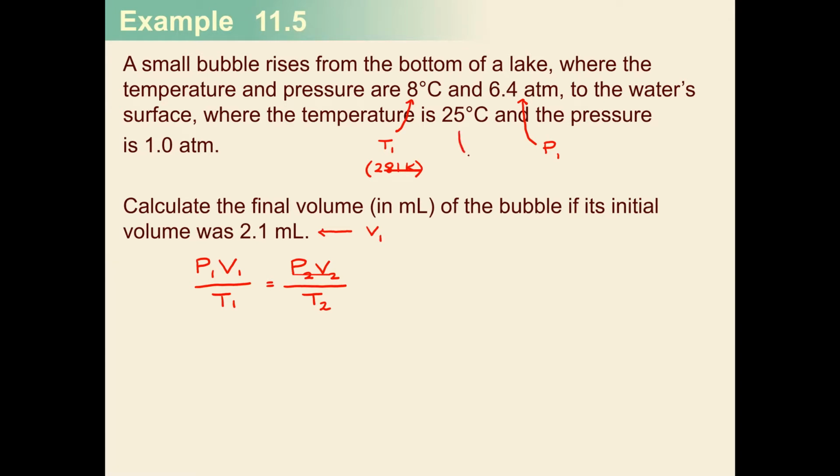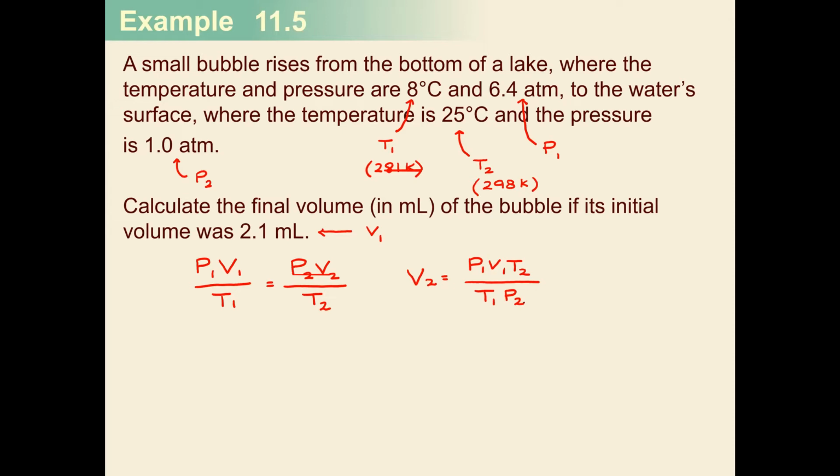Now we have our temperature 2, which is our 25 degrees C. That needs to be converted to Kelvin, and so that is going to be 298 K. Finally, for our second pressure, we have our 1 atmosphere here, and so this will be P2. We are solving for V2. So V2 equals P1 V1 times T2 over T1 P2.